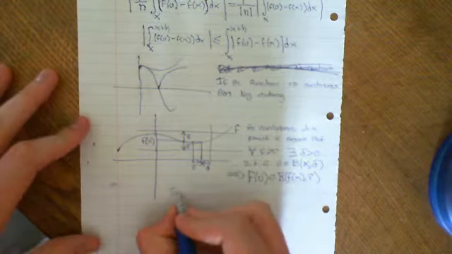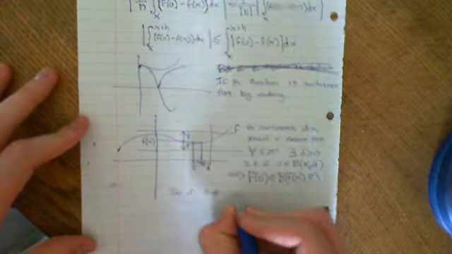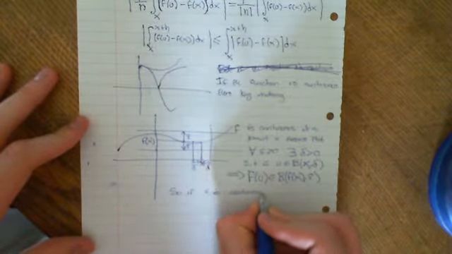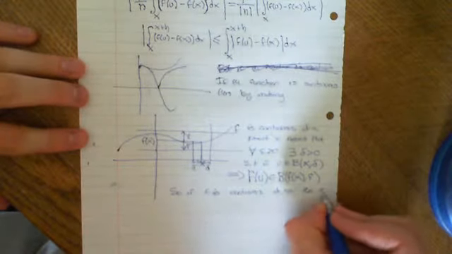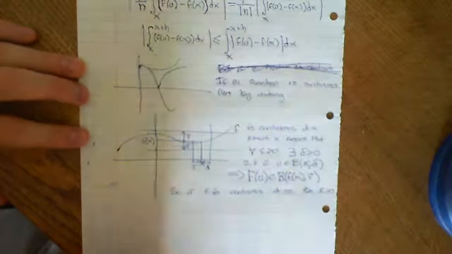so if f is continuous at x, then let epsilon be greater than 0.